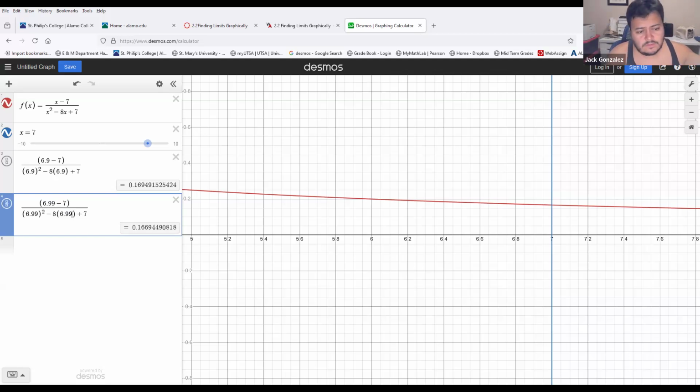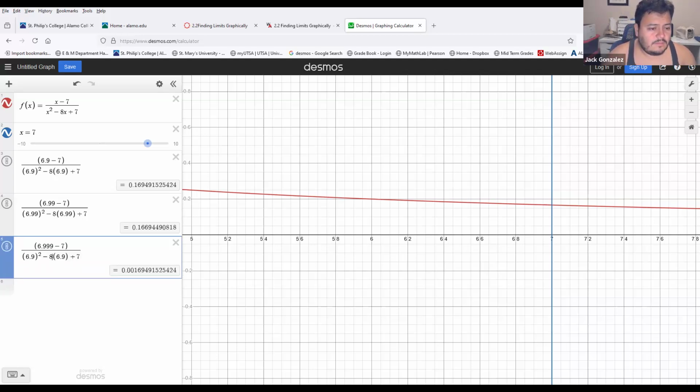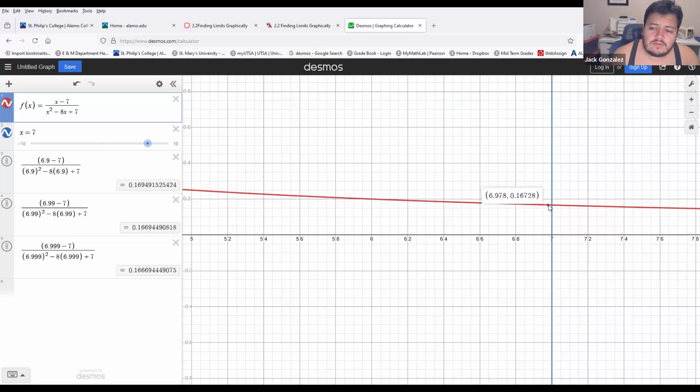So getting closer and closer from the left side. Do it again, 6.999. So numerically, we can see what's going on, right? You see how it's getting closer to 1.66, closer and closer to this value right here, the y value.